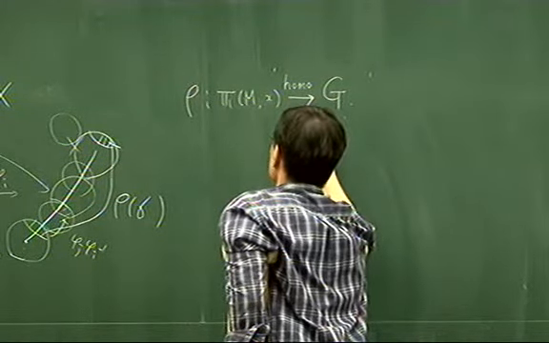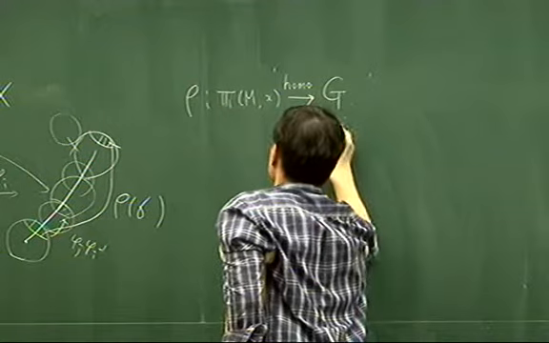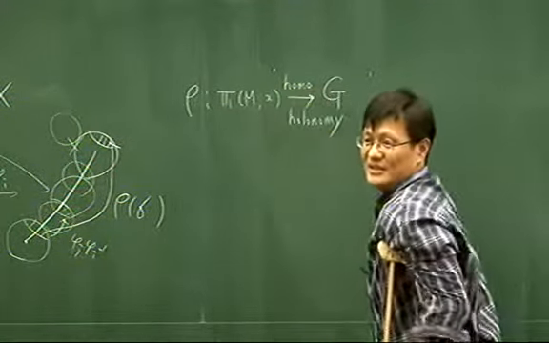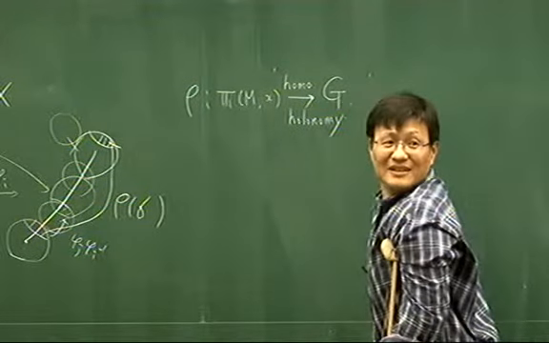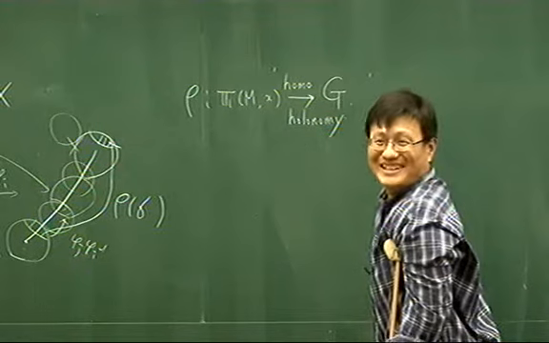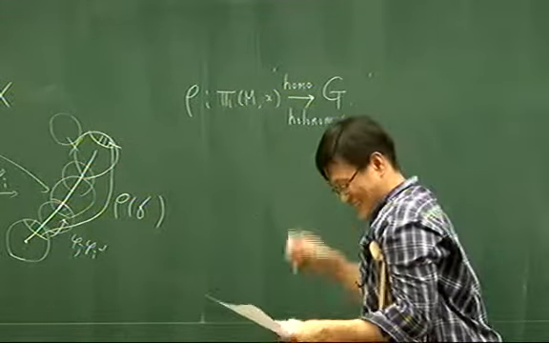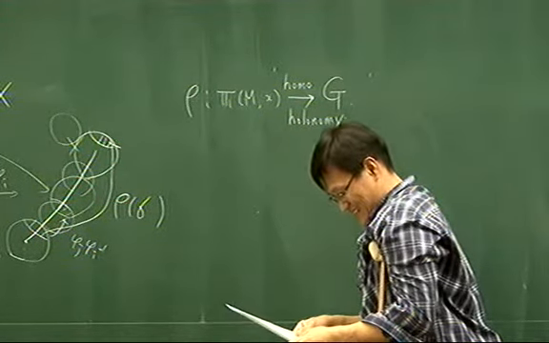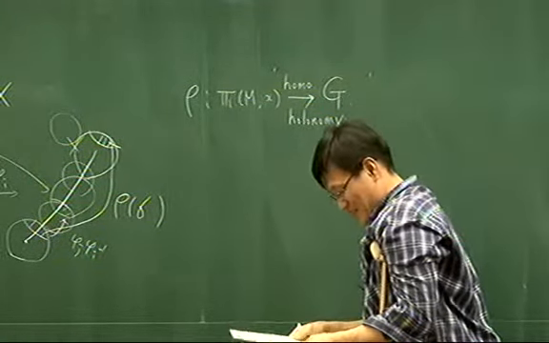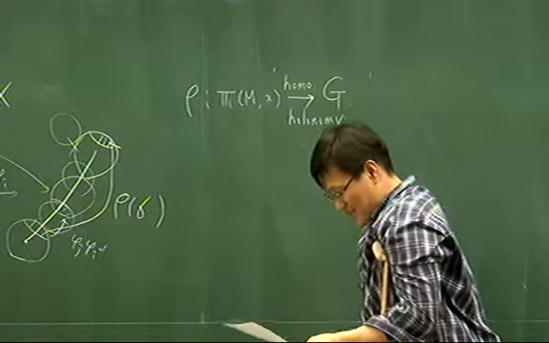This is usually called holonomy. If you have any objections, you can raise them. I didn't do this rigorously, actually. I just tried to give an idea to graduate students.